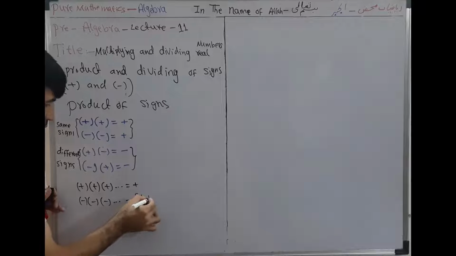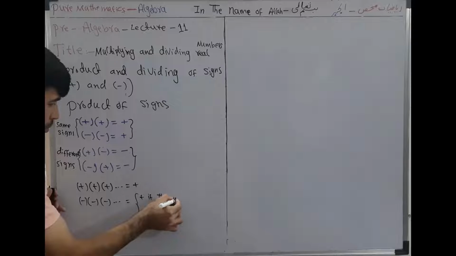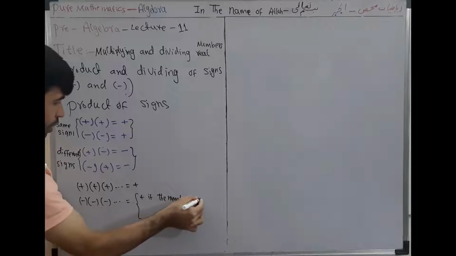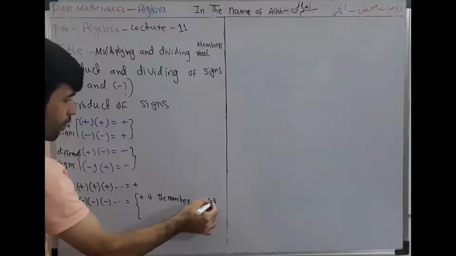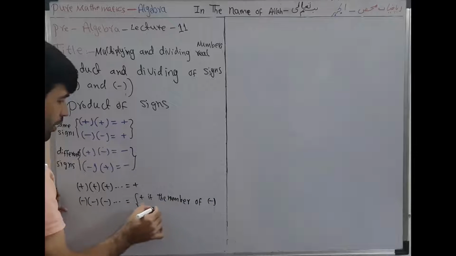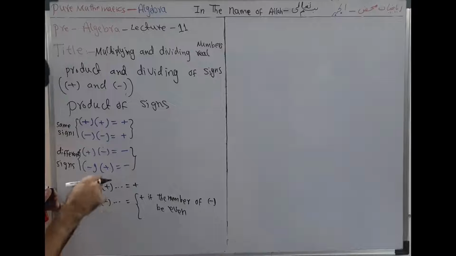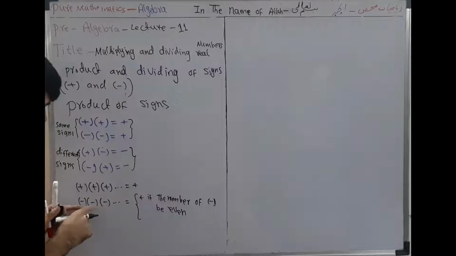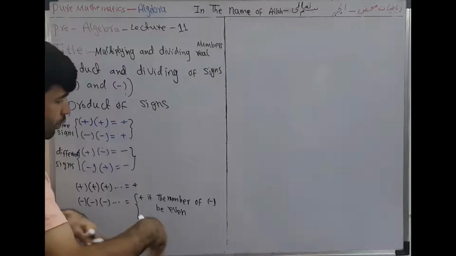Positive, if the number of negatives is even, like 2, 4, 6, 8. If we have 8 minus signs, then the result will be positive.